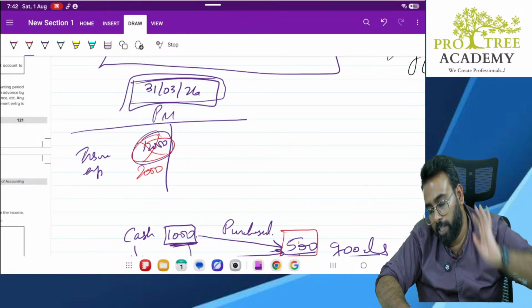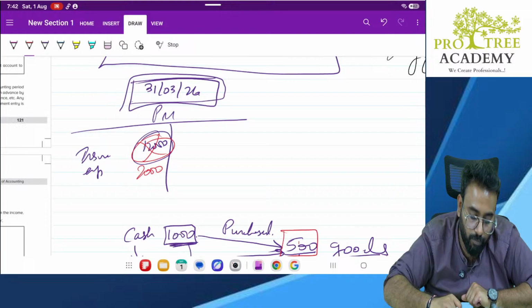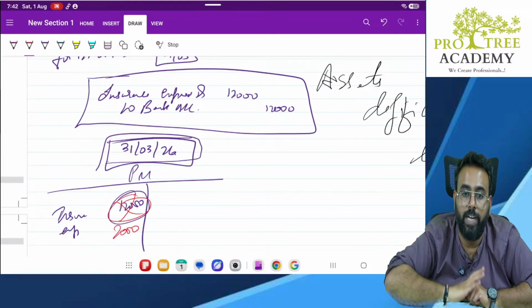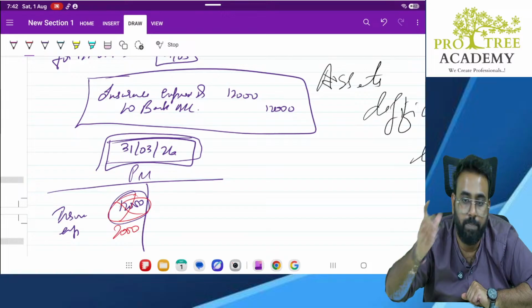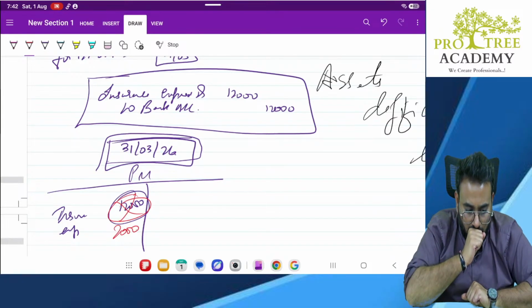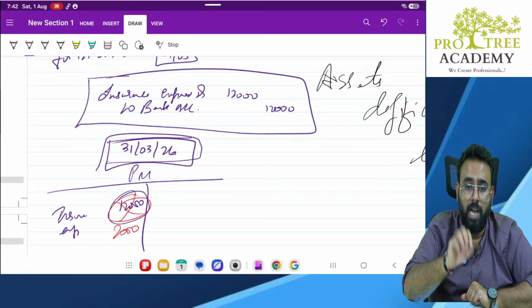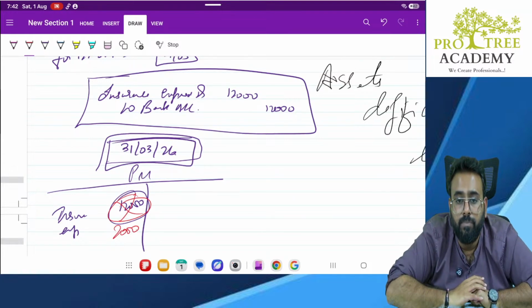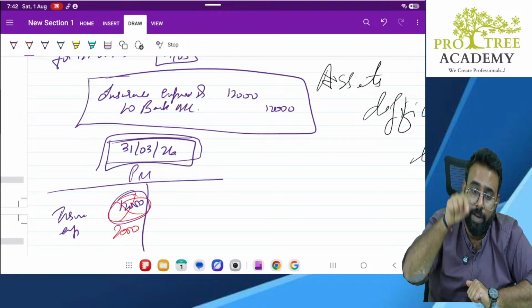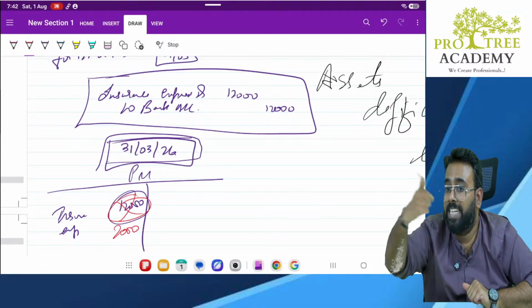Sir, then what happens to the remaining? The remaining will be called prepaid expenses. All your mobile phones are prepaid. That means you pay the money and then utilize it for the next 3 months.